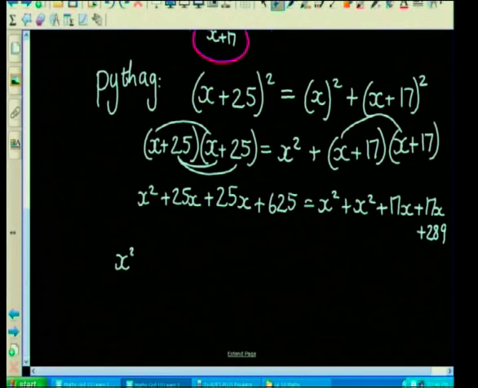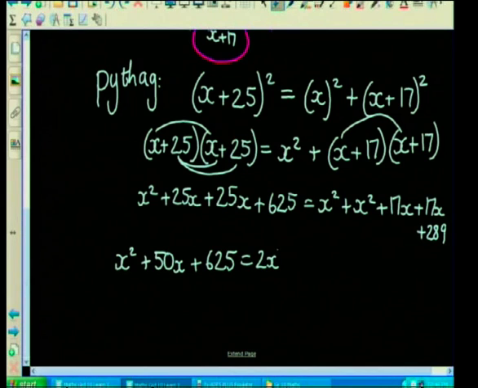We have x squared plus 50x plus 625 is equal to 2x squared plus 34x plus 289. Now, because it's a quadratic equation, let's make everything equal to 0.